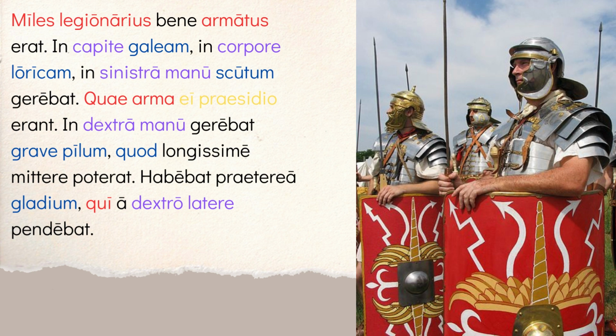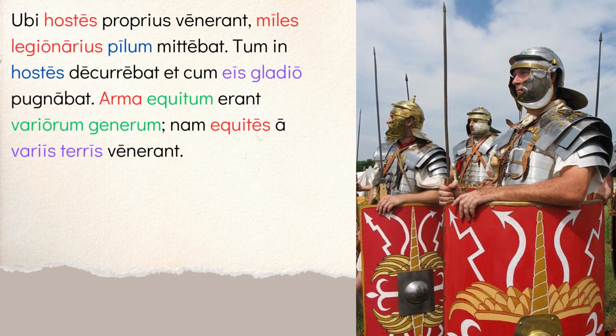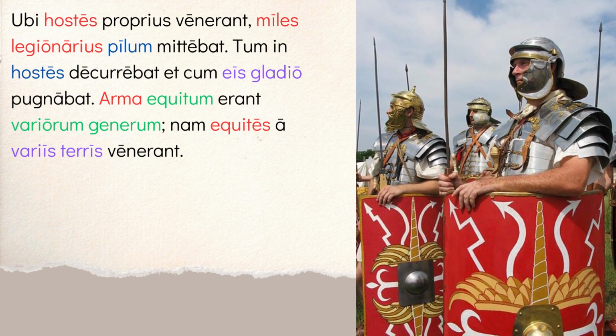Okay. Then we continue. You have habebat praeterea gladium qui a dextro latere pendebat. Okay. So he had, again, we're talking about the individual legionary soldier, he had, moreover, praeterea, the gladium, the gladius, which is a sword. And it's the sword which pendebat, which was hanging by his dextro latere, by his right side, so he'd have the sword there.